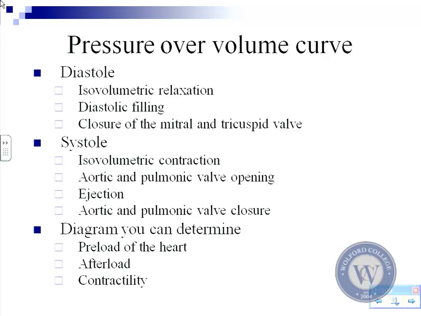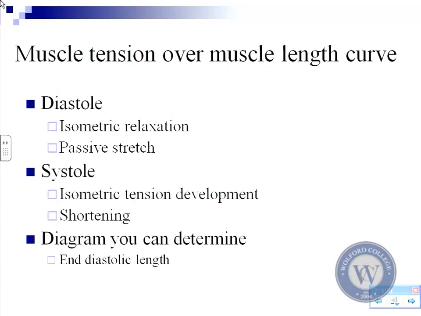In the diagram, basically with pressure over time curves we talked about already, you can pick up preload, afterload, and contractility. If you look at tension over muscle length curves, it can give you things like in diastole, isovolumetric relaxation, passive stretch. In systole, it gives you isometric tension development and shortening. And the diagram basically can determine end diastolic length as well.